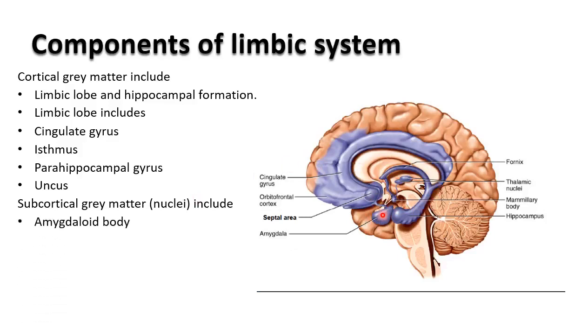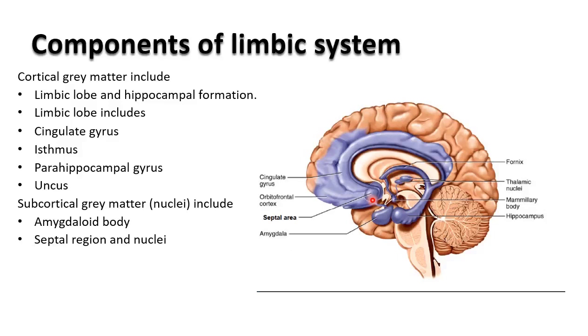It has very important functions even though it is a very small part, attached to the tail of the caudate nucleus. We are going to discuss the amygdala in detail. Next to the amygdala, you have the septal region and the septal nuclei. Septal here does not mean the septum pellucidum.